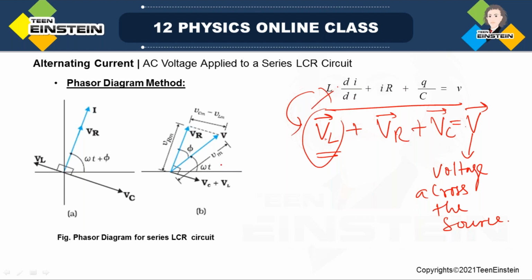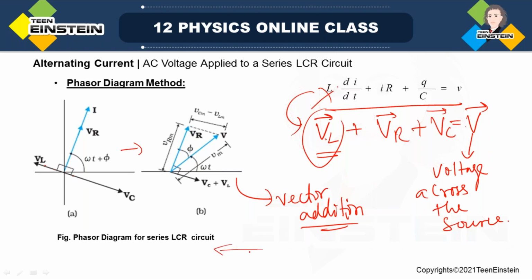Now if you want to calculate the instantaneous current, then you have to solve this by vector addition. We are doing nothing but vector addition here. Look, these two are in the same line but opposite to each other.